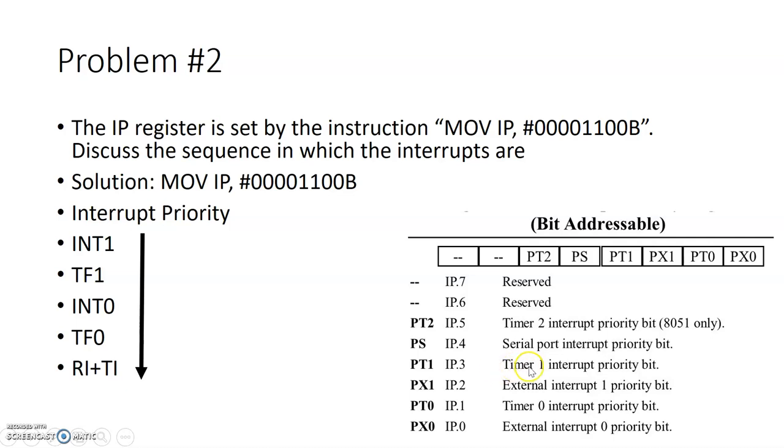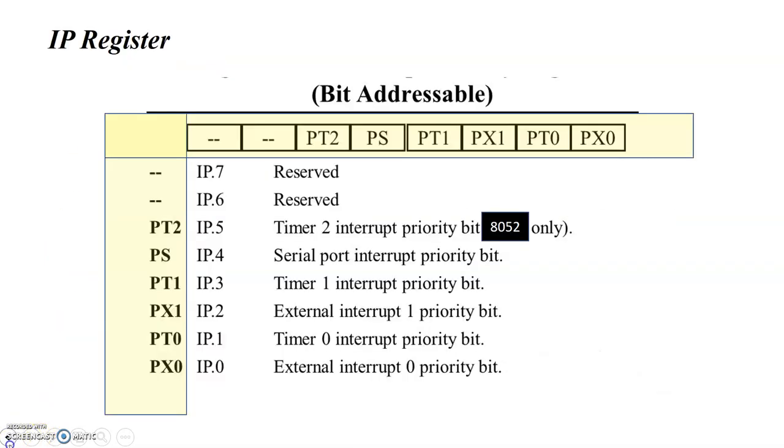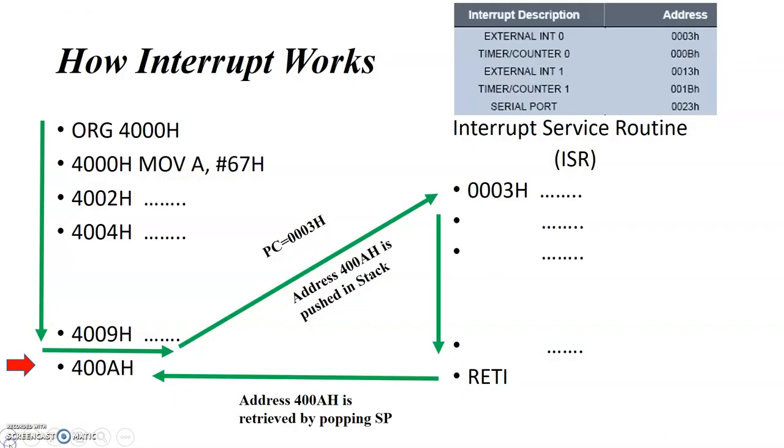By default, INT1 has more priority over TF1, the timer interrupt. That priority will remain, since we are giving both of them the value one. Just see the table here.